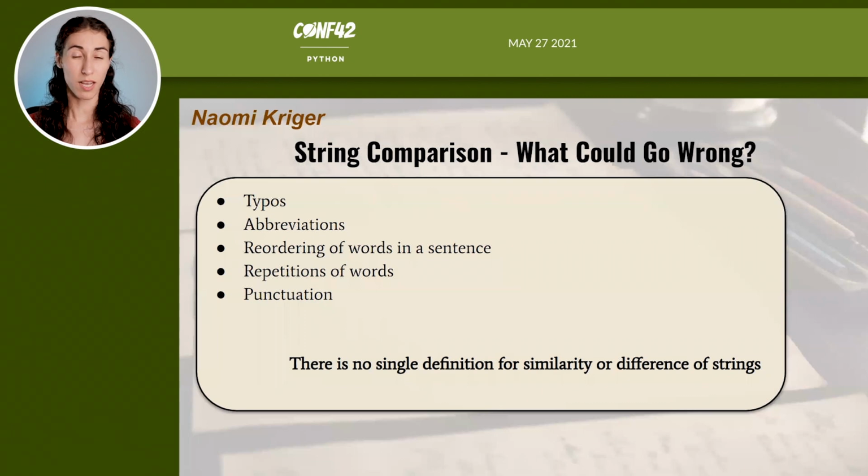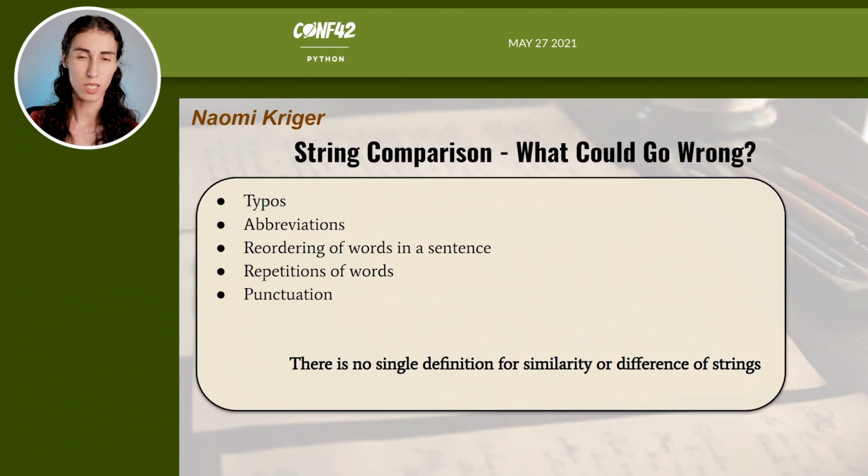I mean, we have typos and abbreviations, maybe the words have been reordered in the sentence, or repeated with no added value to the meaning of the sentence. Or even if we talk about punctuation, we have dot and comma and a dash and many things that could affect the result of the comparison. But most of all, bring us to one important conclusion. There is no single definition for similarity or difference of strings.